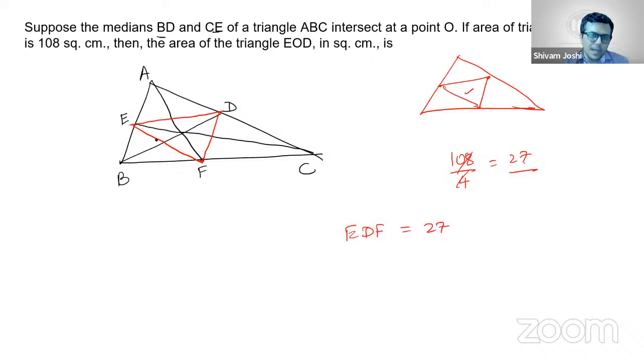Now, for triangle EDF also, these are the medians only, and this point is the centroid only, right? Therefore, this centroid, which is O, will divide the area of triangle EDF into 6 equal parts. So 27 upon 6, how much is that? 4.5. So each of these will be 4.5. This will also help you get the area of EOD as 9 only.